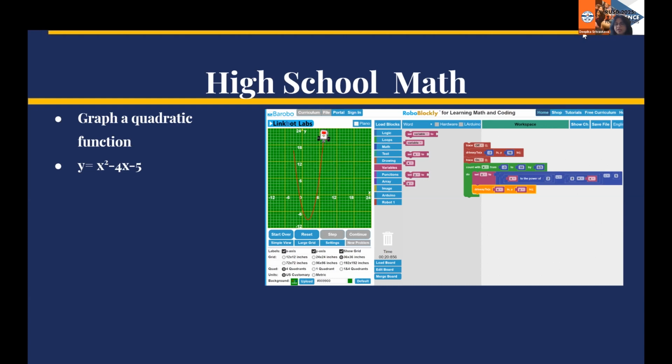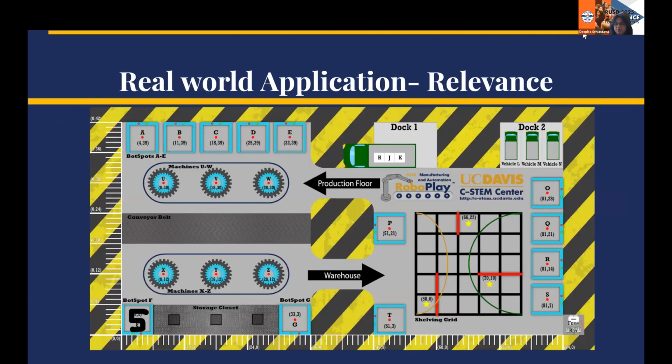So they start disengaging. CSTEM brought that relevance back into the math classroom, where they were using the math concepts they were supposed to learn and engaging with the curriculum in a manner that was enjoyable, that challenged them, and that forced them to think and collaborate. It took away that anxiety, and I think it built a lot of self-esteem.